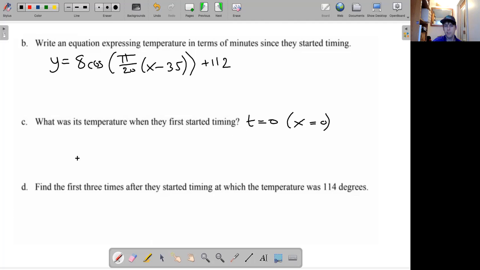We could also find this graphically, but right now we're just going to calculate it this way. So we get y equals 8 cosine(pi over 20 (0 minus 35)) plus 112. And I'm going to calculate this. Again, make sure your calculator is in radians. If it's not, you're not going to get the right answer here.